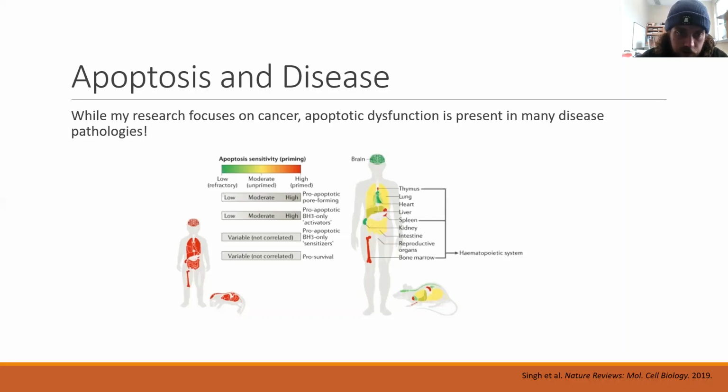But apoptosis can affect autoimmune disorders, as well as any sort of pathology involving reproductive organs, heart, lung, liver. So it's something that could be applicable to a lot of areas of research.